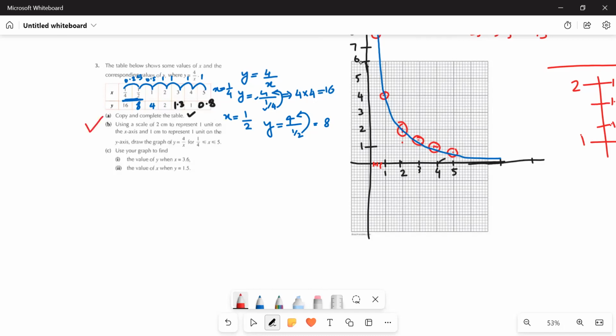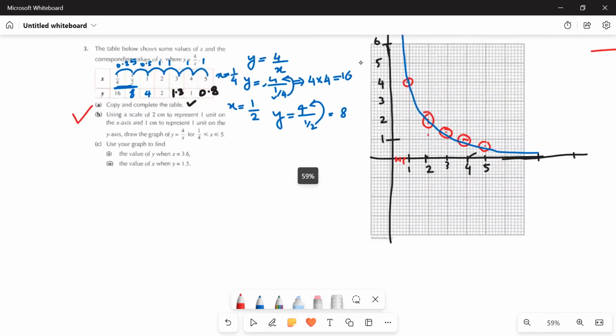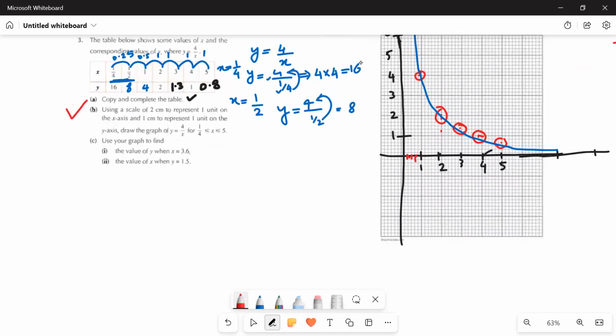Now use your graph to find x is equal to 3.6. So our function is y is equal to 4 by x. Yes, y. It's clear? Yes. Okay. Now y is equal to 4 by x.